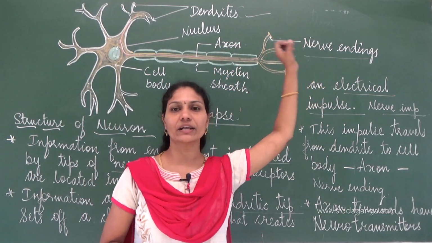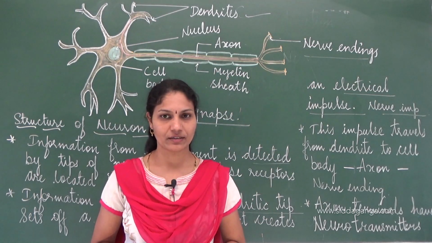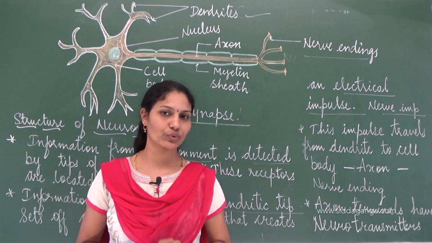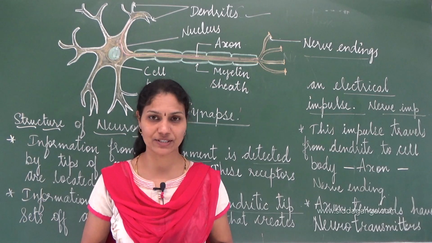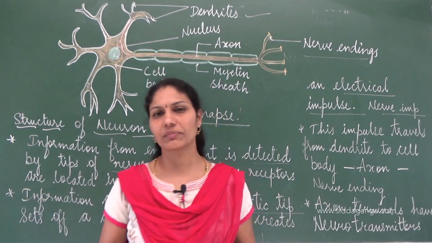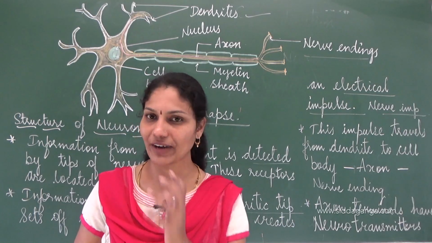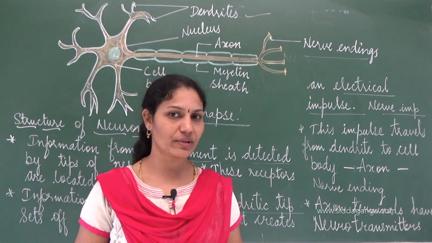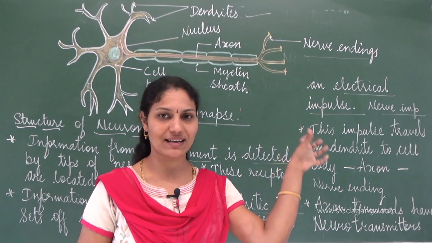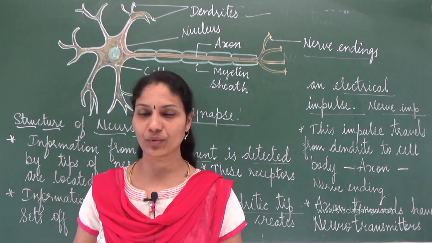And at the nerve ending, neurotransmitters are present. So there is a gap between two neurons. This is referred to as synapse. And at this synapse, a peculiar mechanism, a wonderful mechanism happens. Neurotransmitters play a vital role in transmitting information in this gap, in the synapse. So neurotransmitters, again, what they do?